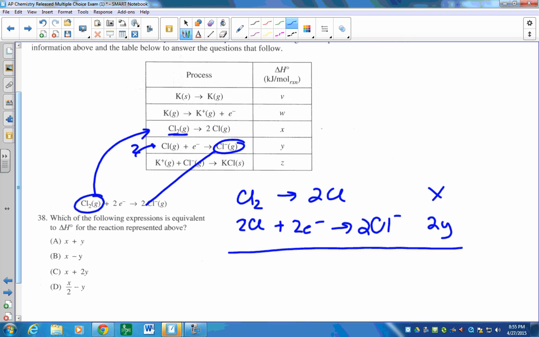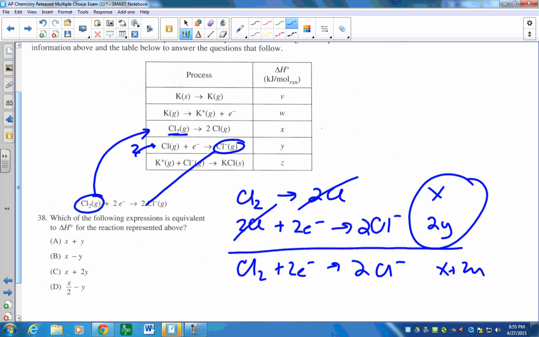When I add these together, this cancels this, and I get Cl2 plus 2 electrons goes to 2Cl minus, and delta H would be X plus 2Y. I hope that solution is there, C. And I hope that 38 answer is C. And it is.